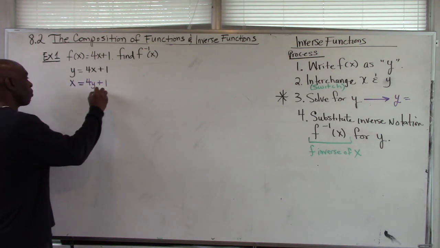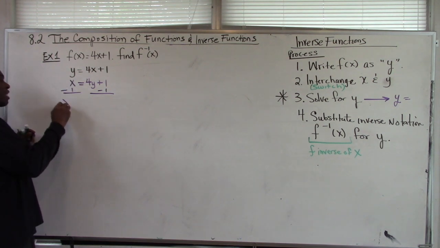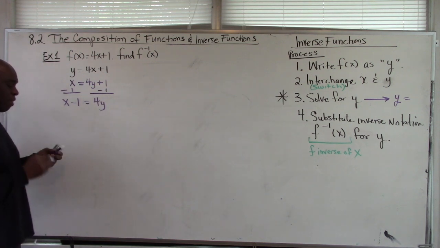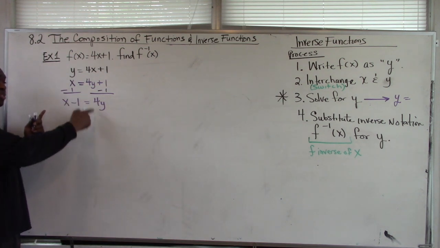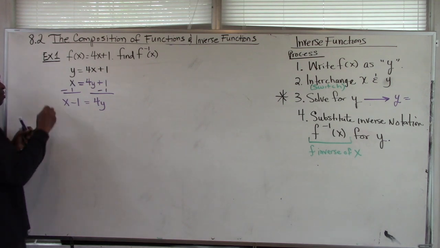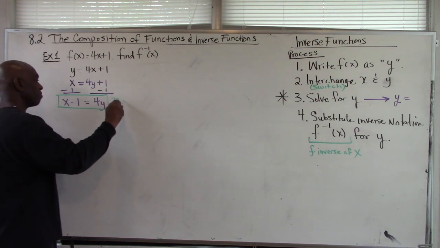Step 1, subtract 1 from both sides. Here I'm going to have x minus 1 equals 4y. Take this situation right here and just turn it around.